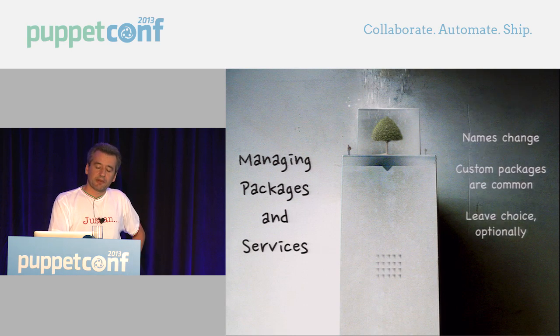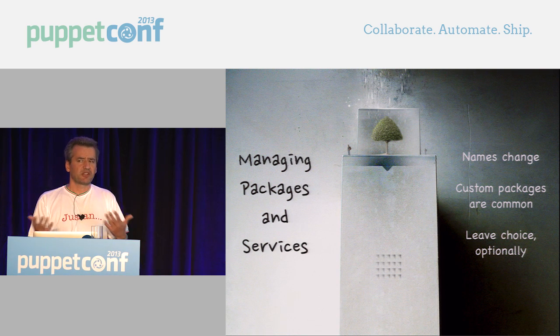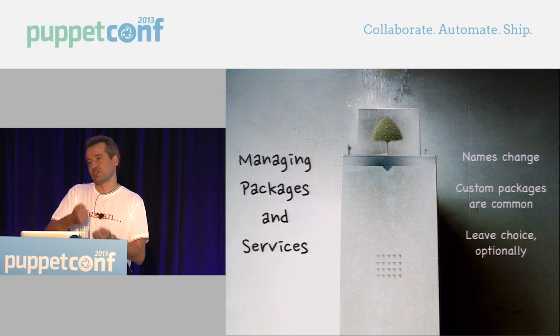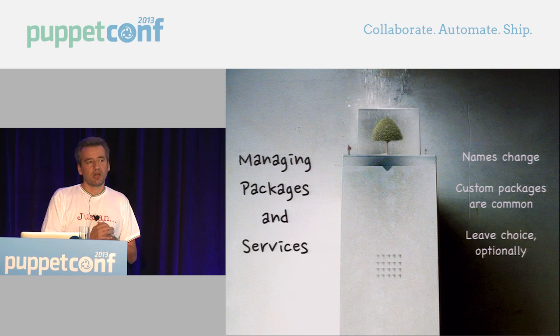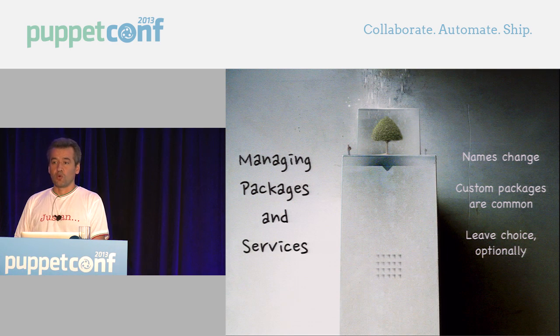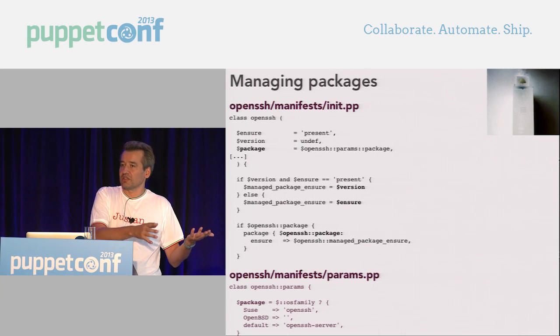Also, typically, we can have the need to set and to use specific packages or specific service names. Since it's quite common to have, for example, people managing their own packages, it can be useful to have modules that allow you to manage that kind of packages even if they are not the official ones.